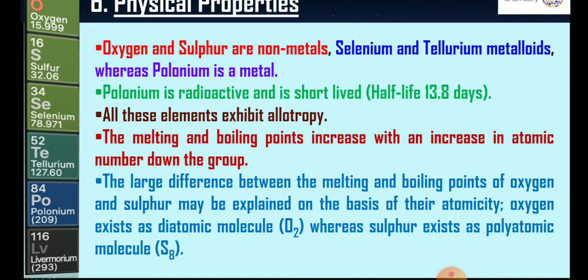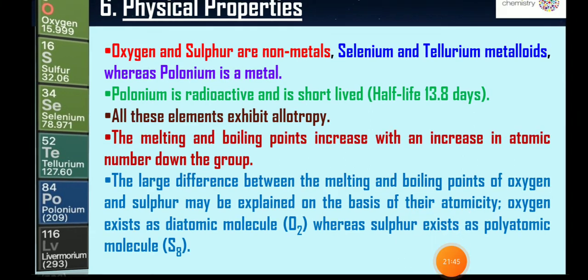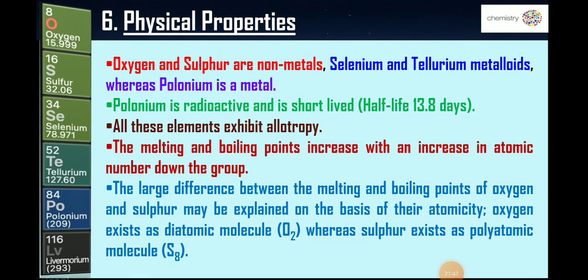One molecule of sulfur is S8, and one molecule of oxygen is O2. Sulfur is polyatomic in nature. Oxygen is diatomic in nature. Because of the difference in atomicity, there is a large difference in melting and boiling point between oxygen and sulfur. Okay, these are a few physical properties of group number 16.